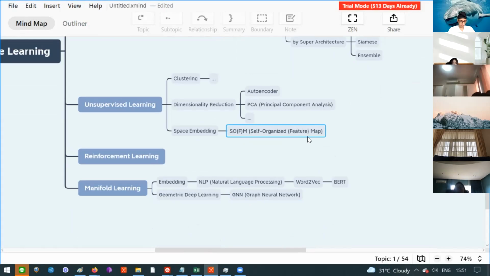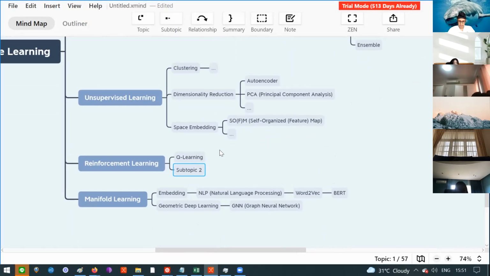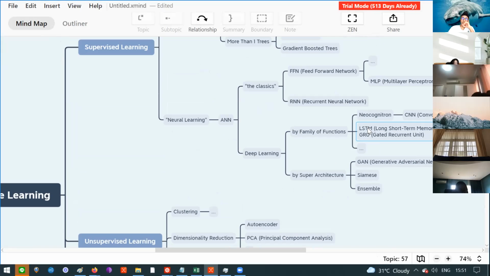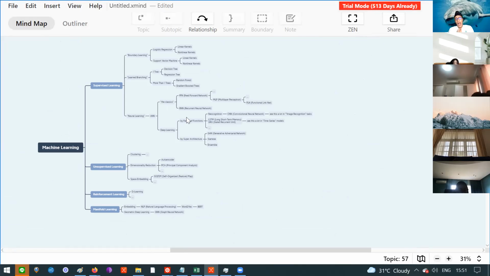Then we can use the feature map and, okay. Reinforcement learning, okay. Q learning. Okay, so all these are things that if you go to the apply digital intelligence track, you probably play with at some point.